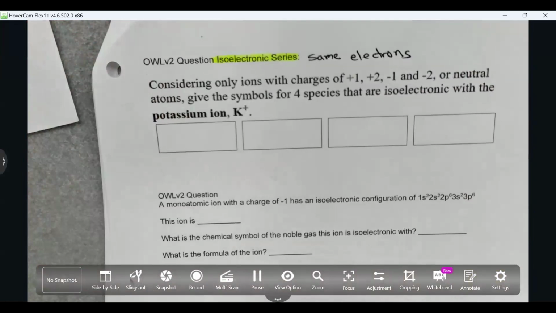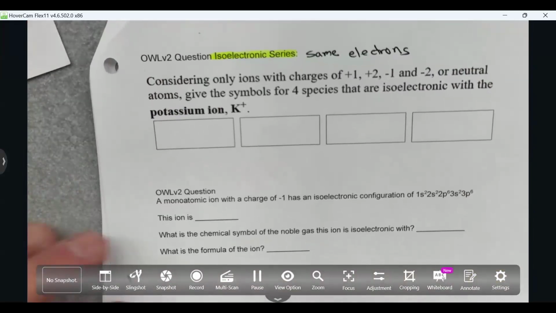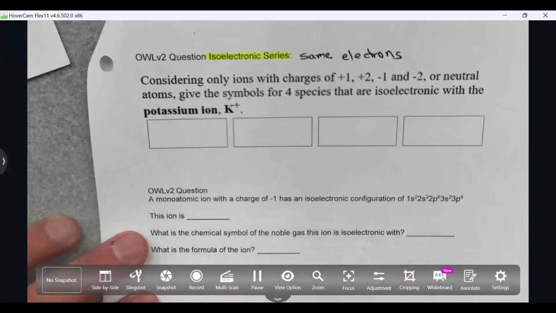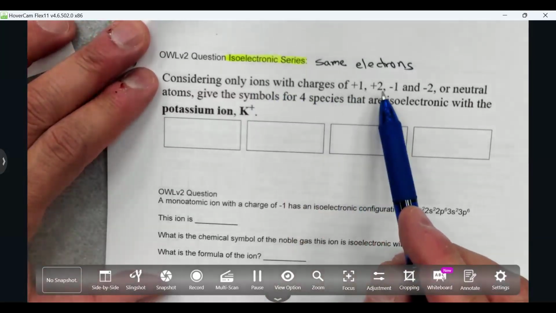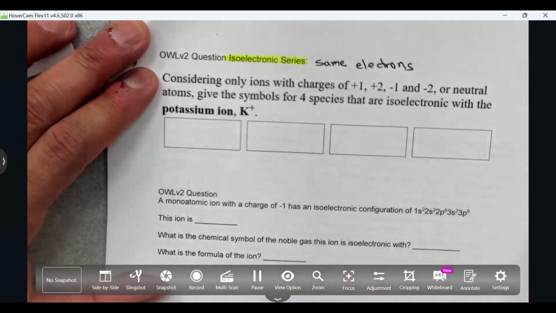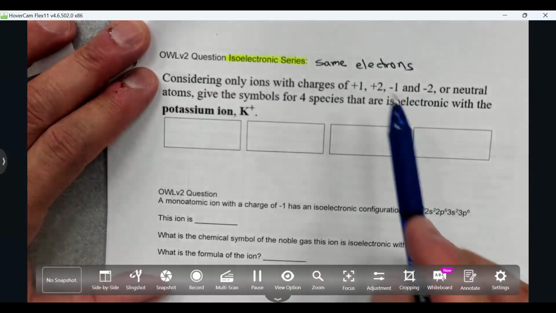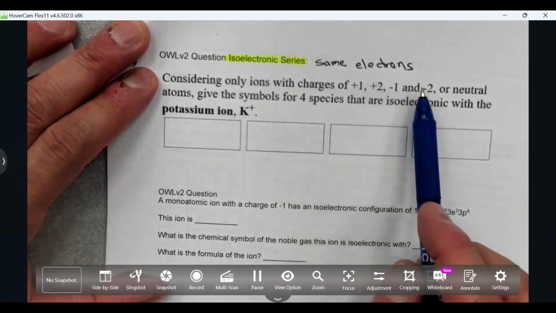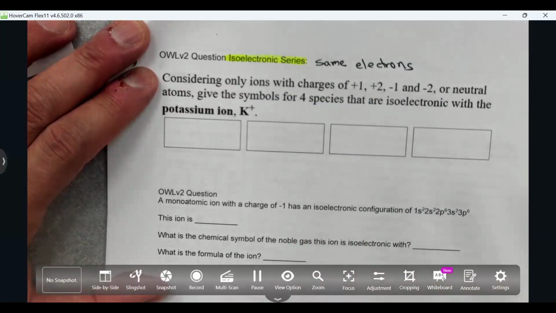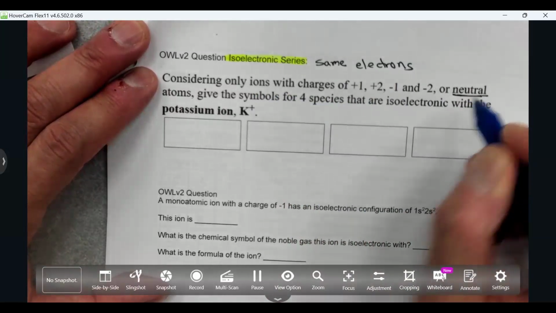Same electrons. Okay. We've got ions of charges +1, +2, -1, -2. These are going to be metal ions, correct? Our negative charges should be nonmetals. And we have a neutral atom.